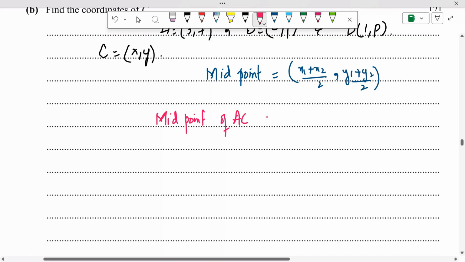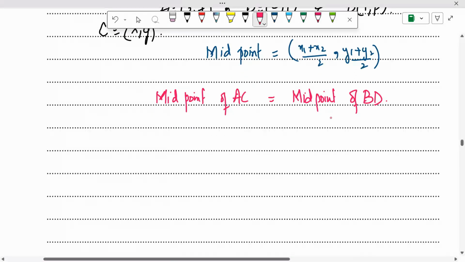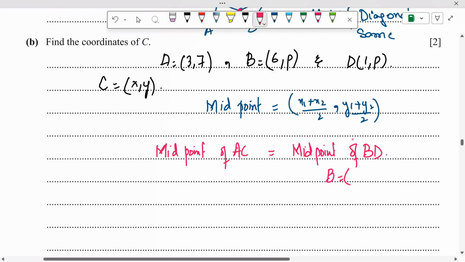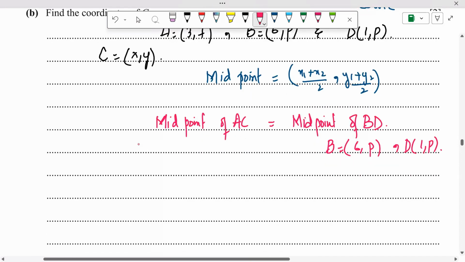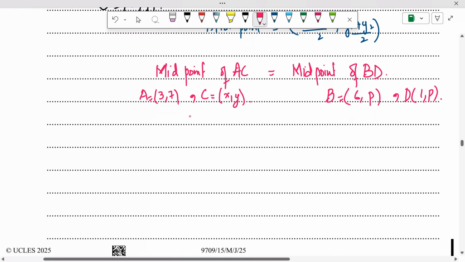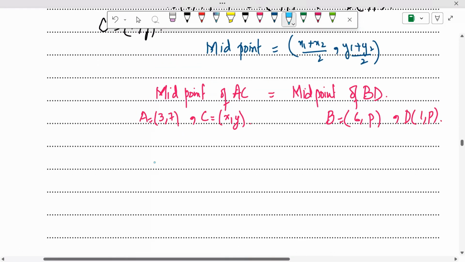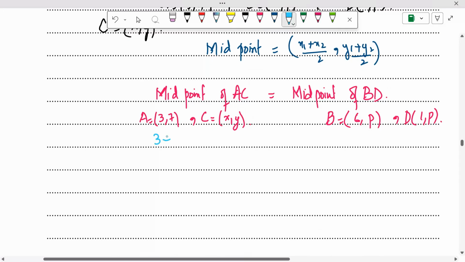So the midpoint of AC is equal to the midpoint of BD, and here B is (6, p), D is (1, p), A is (3, 7), and C is (x, y). So let's apply the midpoint formula here. We will have (3 plus x) over 2, (7 plus y) over 2.